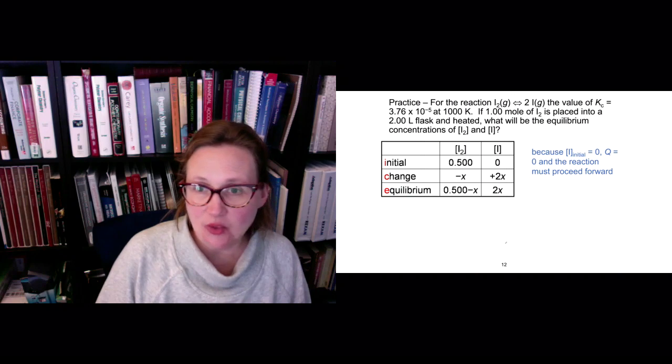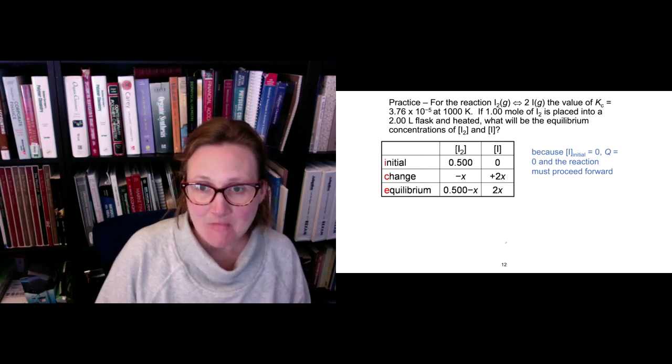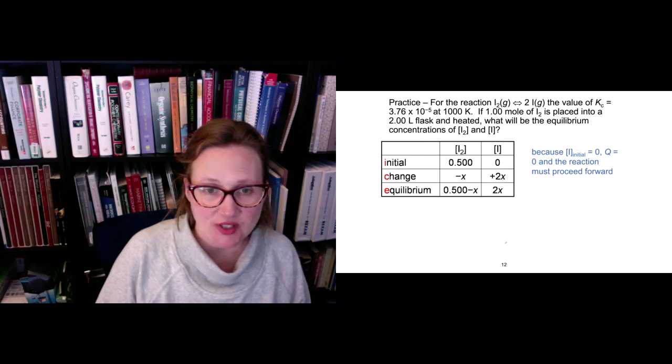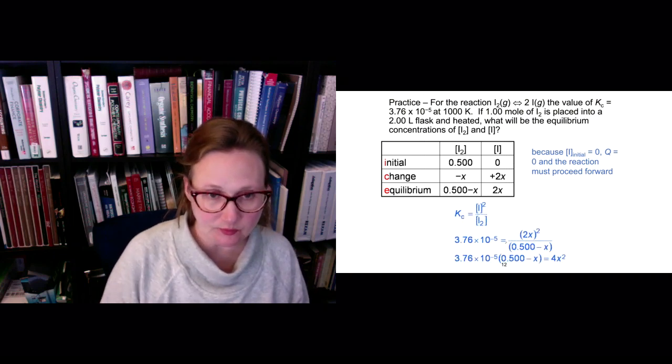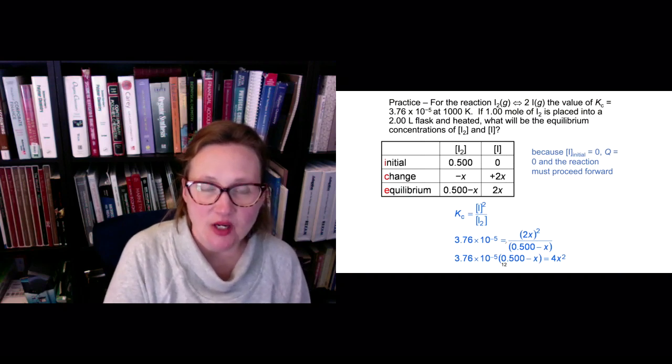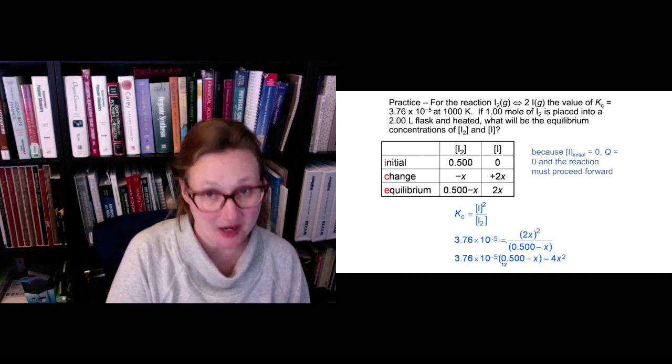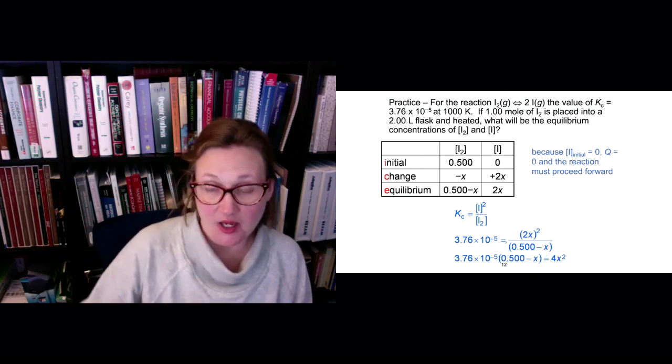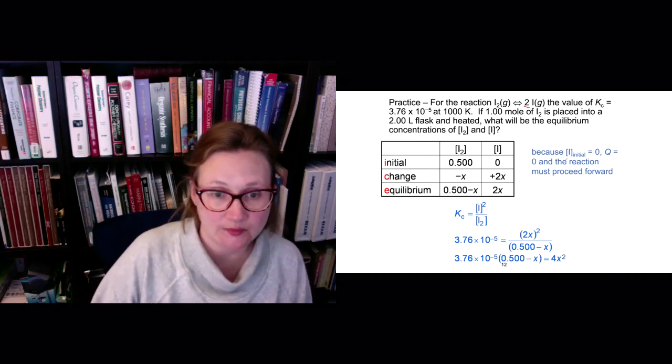All right, so initially the concentration of iodine atom is 0, and the reaction is going to proceed forward. Let's put in our change. Because it's proceeding forward, we have iodine as minus x and iodine atom as plus 2x, coming from the stoichiometric coefficient of 2.